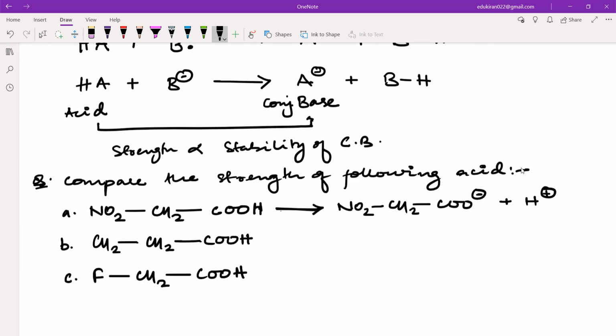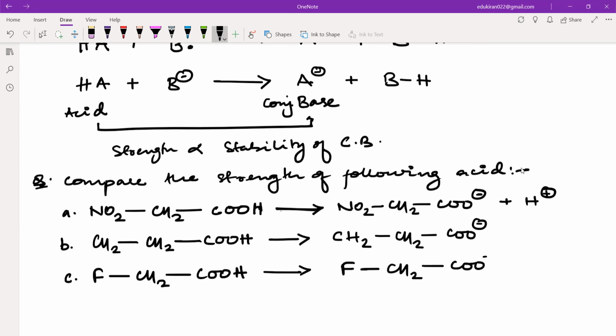Yes. Okay. Similarly, what will happen here? CH3, which is bonded to CH2, and it is further bonded to COO negative. And here I will have fluorine, which is bonded to CH2, which is bonded to COO negative. Just wait a second, okay? Yeah. And here we'll be having H plus, and here also we'll be having H plus.